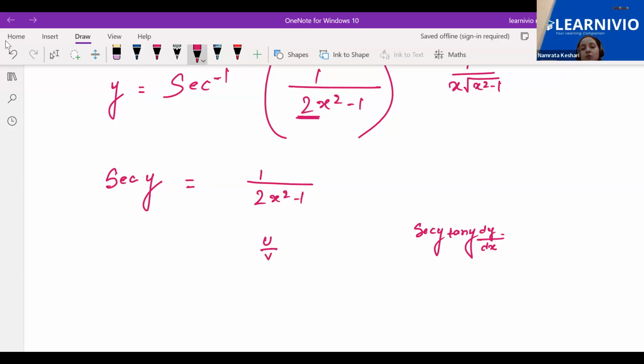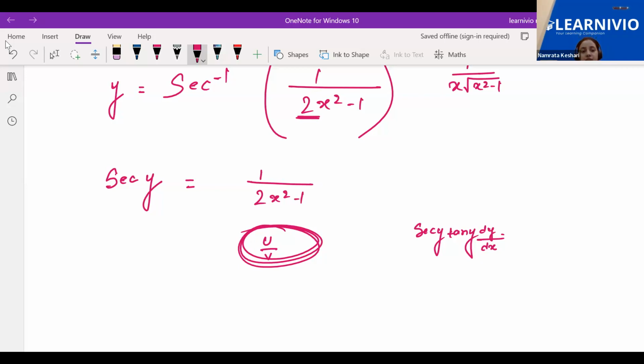And if we apply the quotient rule, just this one is becoming huge. Otherwise, this approach we could have taken, right? You can see that in the UV rule, when the denominator is already this huge, 2x square minus 1, and when we apply the u by v rule, we have to take the square of the denominator, v square in the denominator. So it is already huge, it will be more.